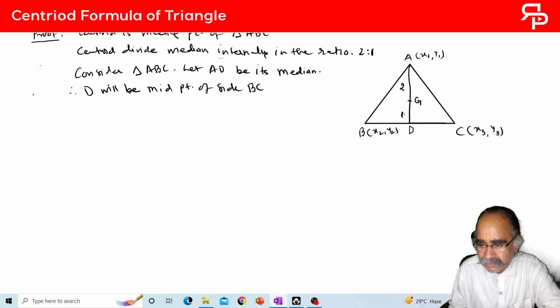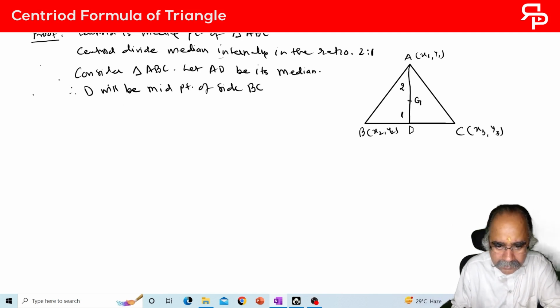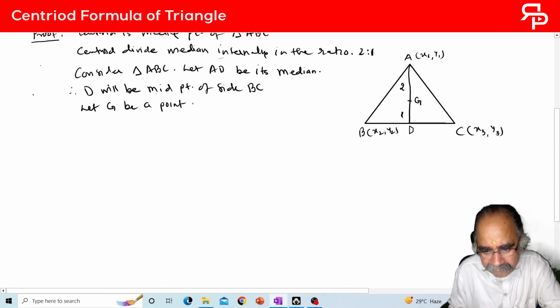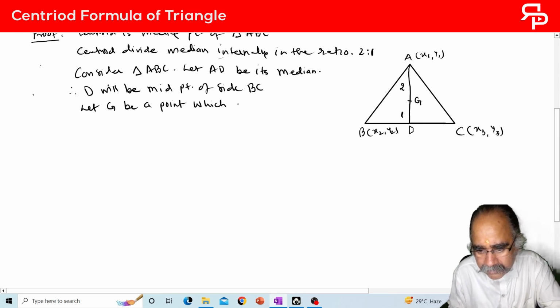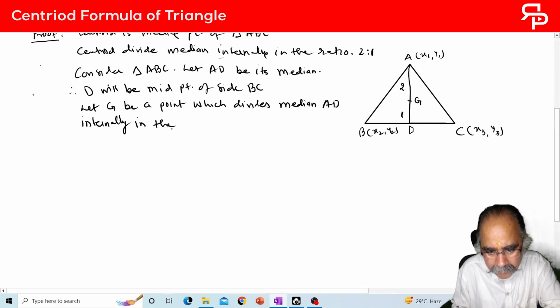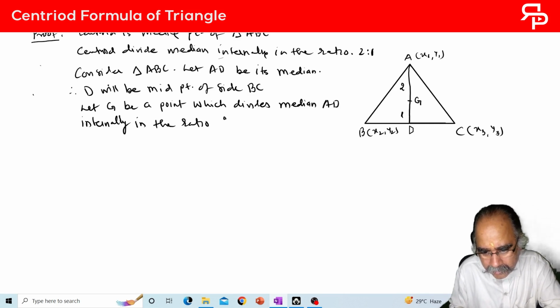That is, length AG is 2 and GD is 1. Let G be a point which divides median AD internally in the ratio 2:1.